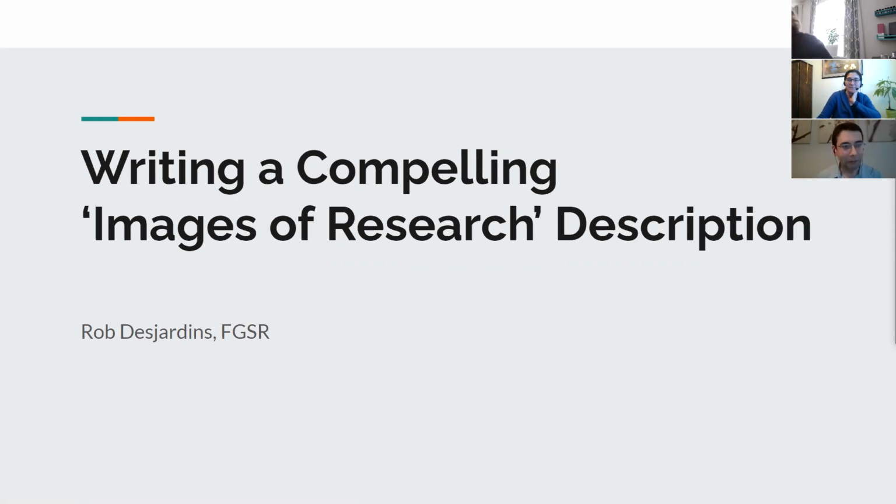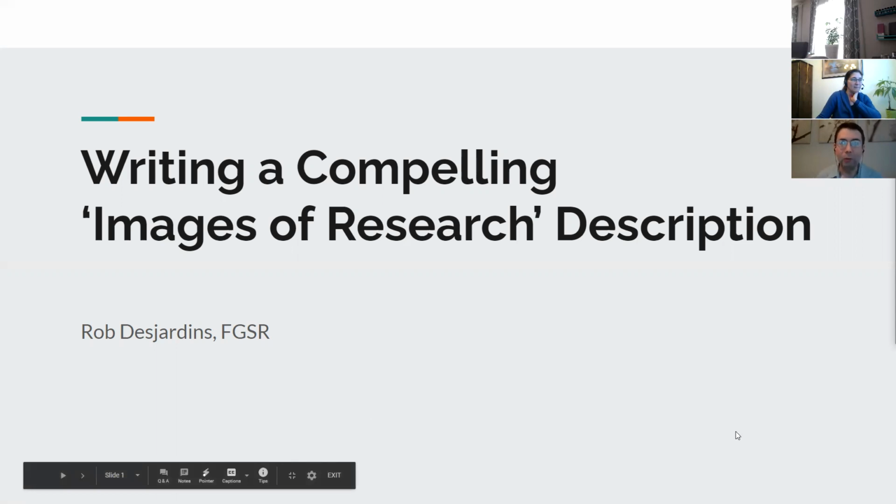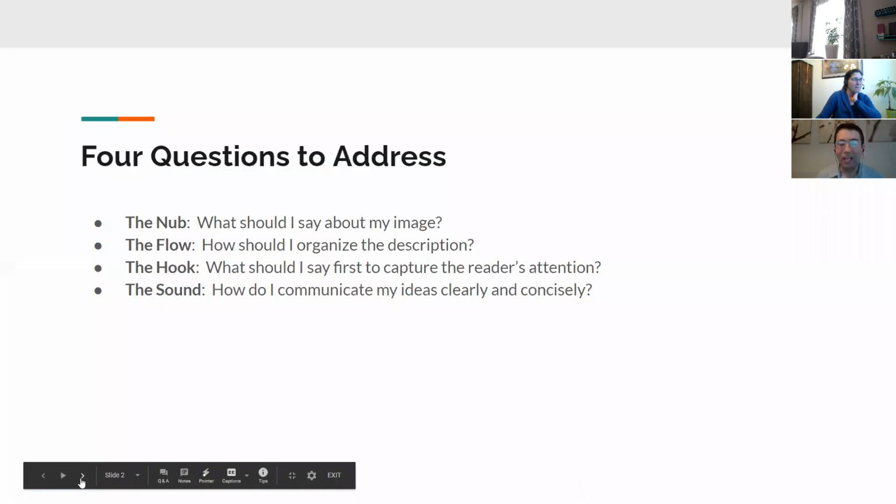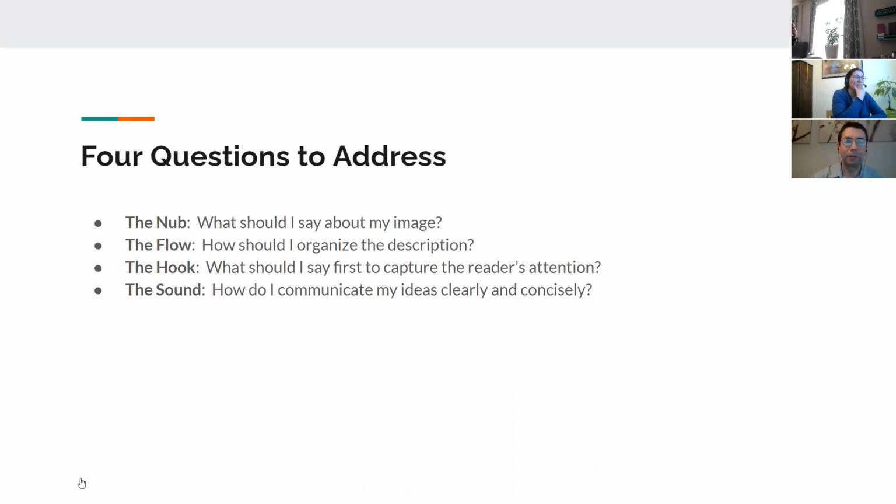Potentially, if you're going up an elevator with somebody at a conference trying to describe the nub or the essence of your research project to them, the way that you tackle those tasks is actually going to be very similar to what you're doing here with your small miniature description of your research for viewers looking at your image. So it's a really useful task for us to think through together, which I think will have multiple opportunities for you to apply it in other situations.